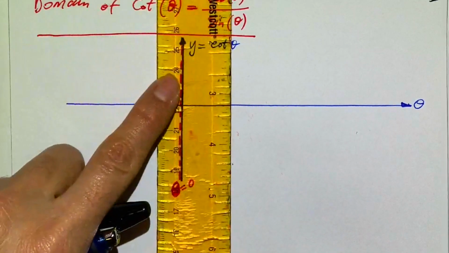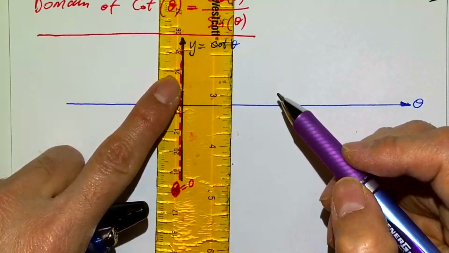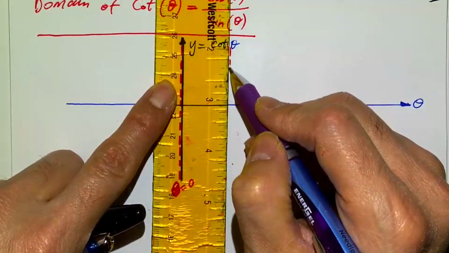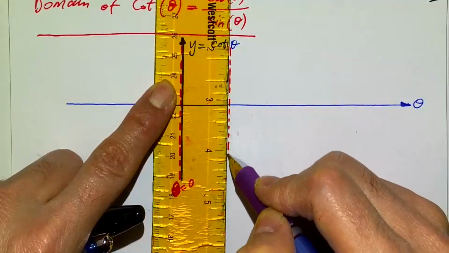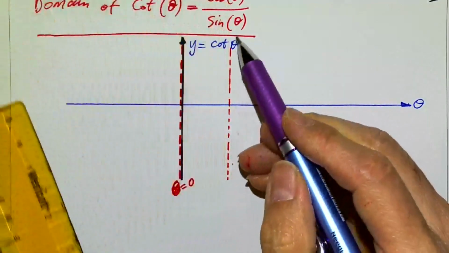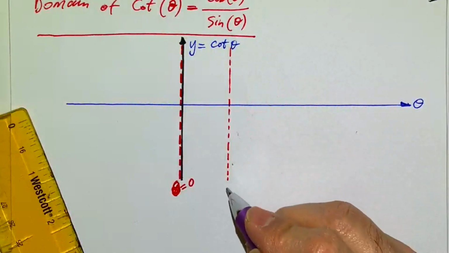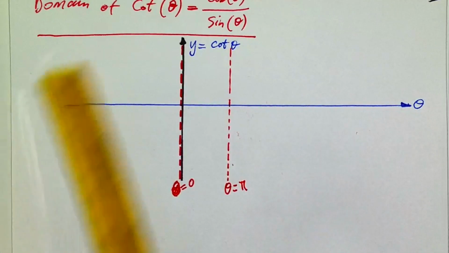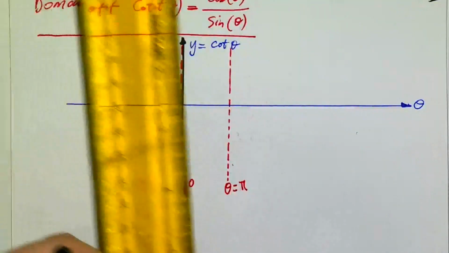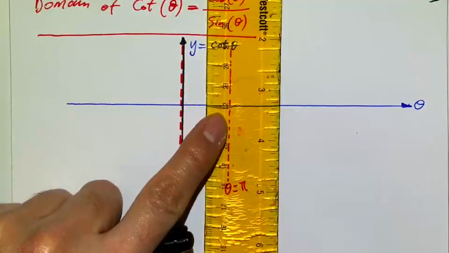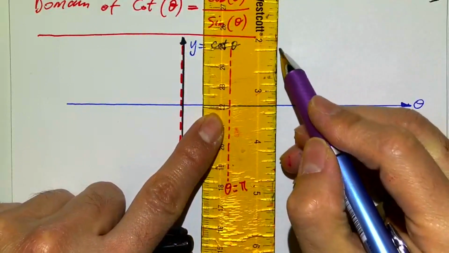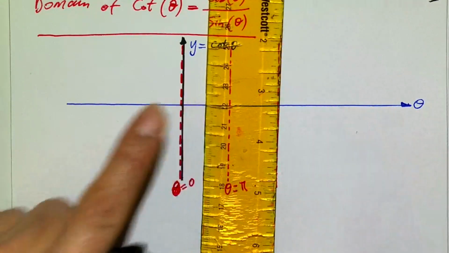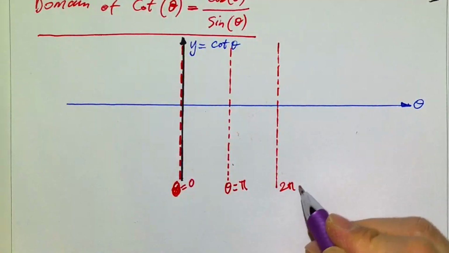The next one will be theta equals pi. Let me draw it here. That will be another occasion where the sine function will be 0. The denominator will be 0, and of course, we do not want that. So theta equals pi. And I'll draw another one on this side and a couple of dashed lines on that side, and this will be 2 pi.